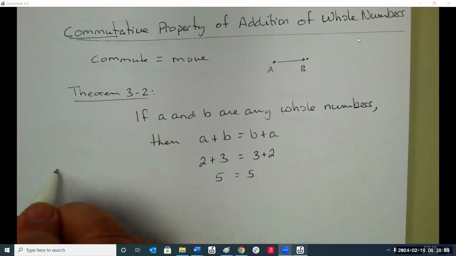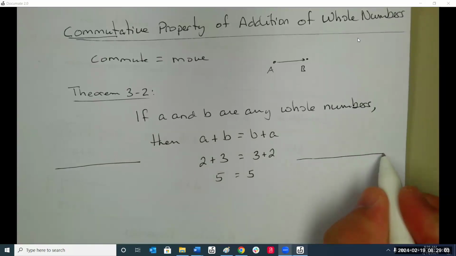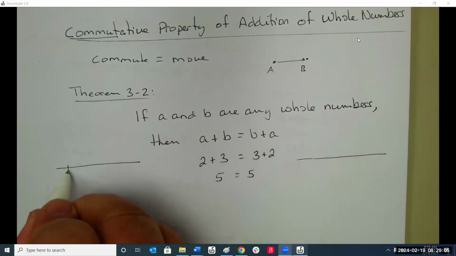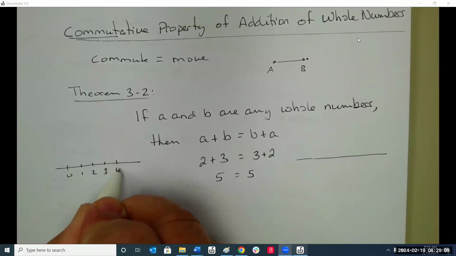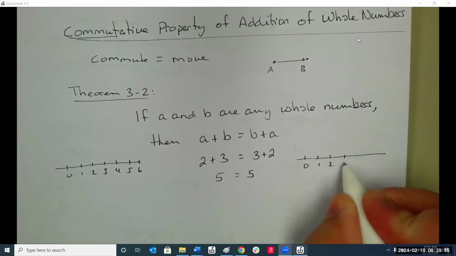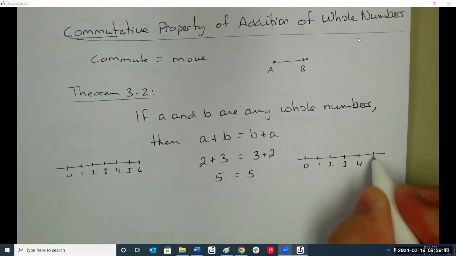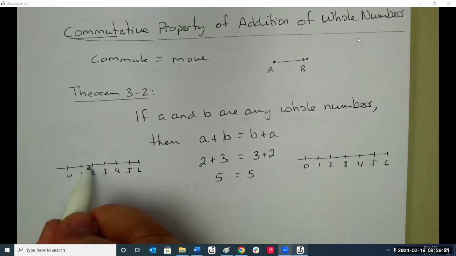Again, you can use the number lines. For the first one, we start at 2, so we'll go 2 to the right.